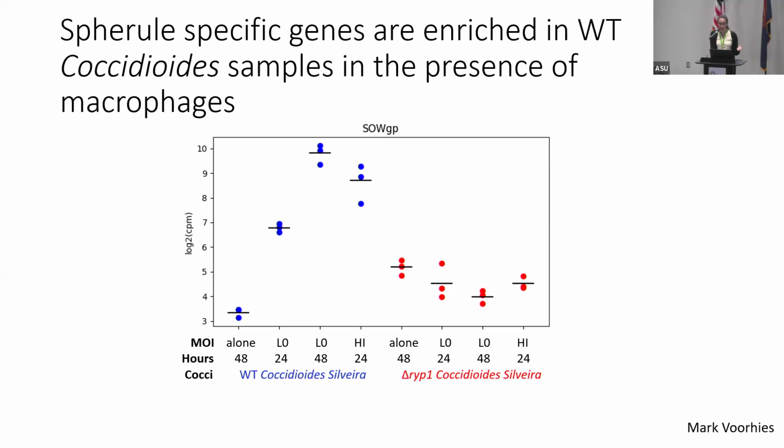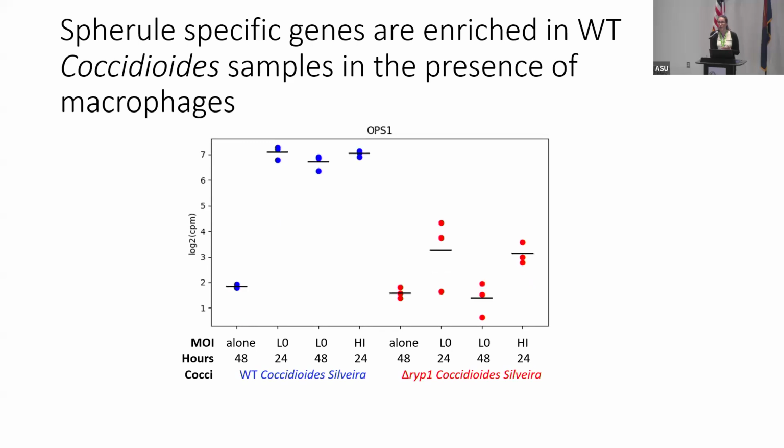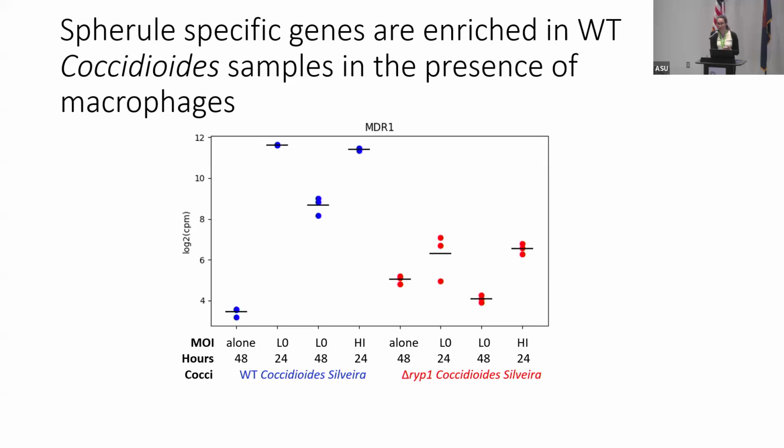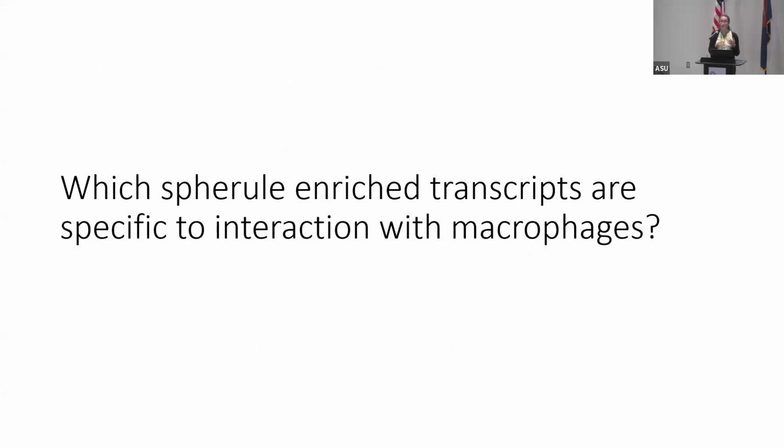What you can see, I hope, is that there's an increased expression when wild-type Cocci is in the presence of macrophages. And really that only happens in our wild type that can make spherules. We see that also, and even more clearly, with PSP1, OPS1, and MDR1. So that's great that we can confirm what we've seen before.